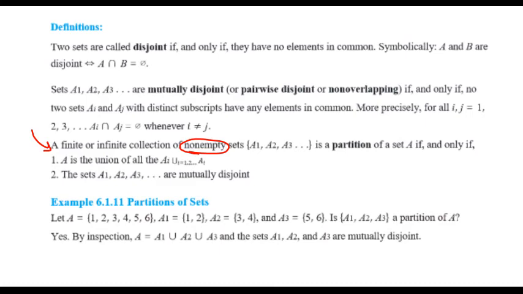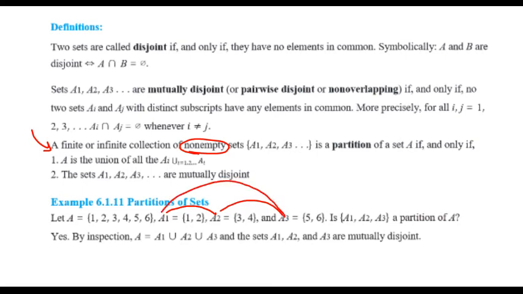And finally, we need to check the second condition, which says the sets A1, A2, and A3 are mutually disjoint. So as you see, the sets A1, A2, and A3 are mutually disjoint. Why? Because A1 and A2 have no common elements. A2 and A3 have no common elements. But this is not enough. We have to check A1 and A3.